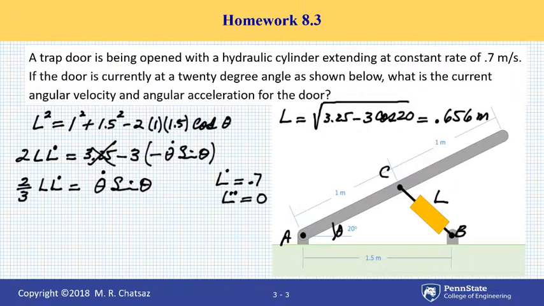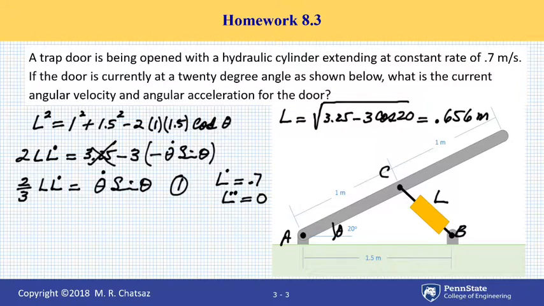I can plug numbers in it and find the angular speed theta dot. But before dealing with numerical values, observe that if I take the time derivative of equation 1, I get an acceleration relationship. So let's do that before dealing with numerical values.